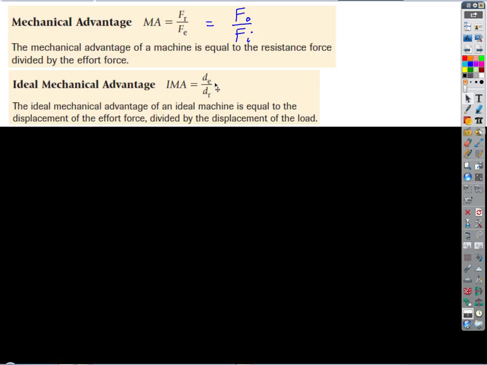So it's defined as effort distance over resistance distance. Another way of saying that is input distance over the output distance. And we're going to have to be able to interpret that differently for each simple machine, right?